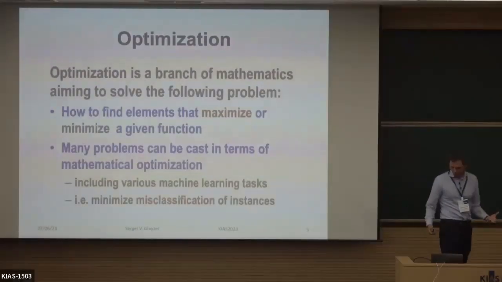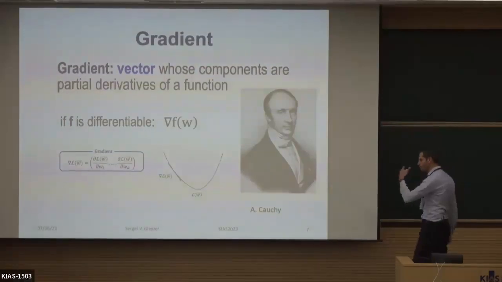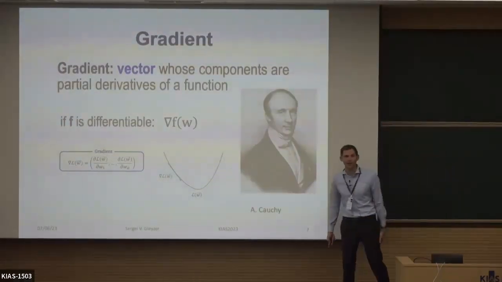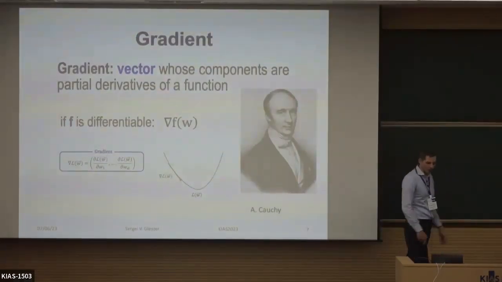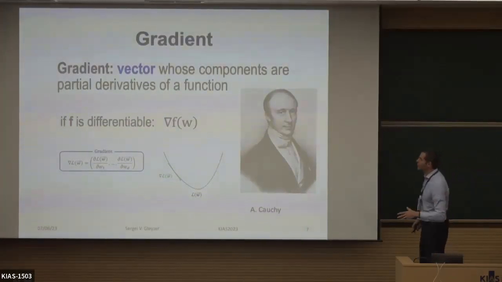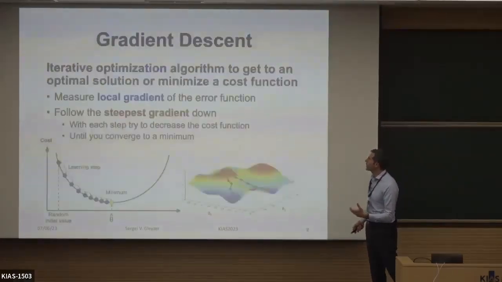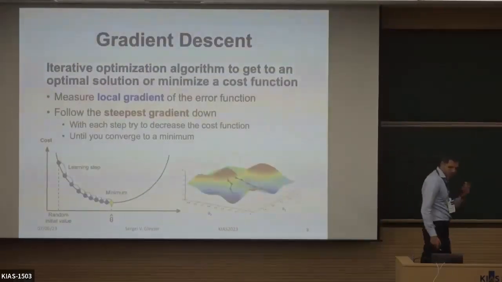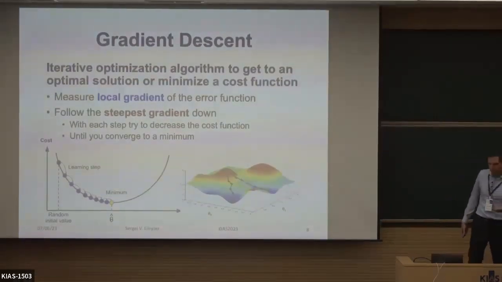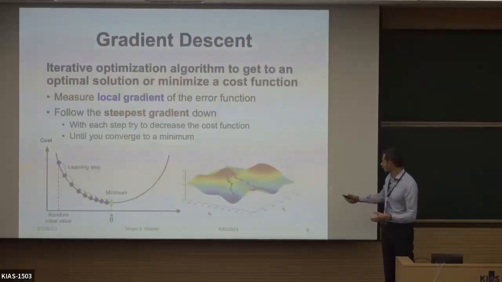Normally, we use something called gradient descent, which relies on gradients, which most of you know from freshman calculus, is a vector. You take partial derivatives of a function, and then you have to, of course, be aware of the chain rule. And the idea is that gradient descent is an iterative algorithm with various hyperparameters that you can use in order to find this optimal solution, this minimum.